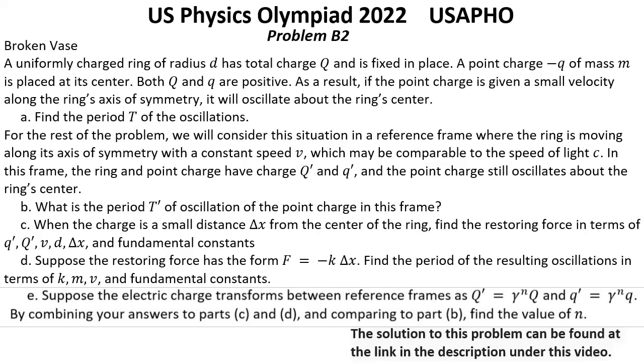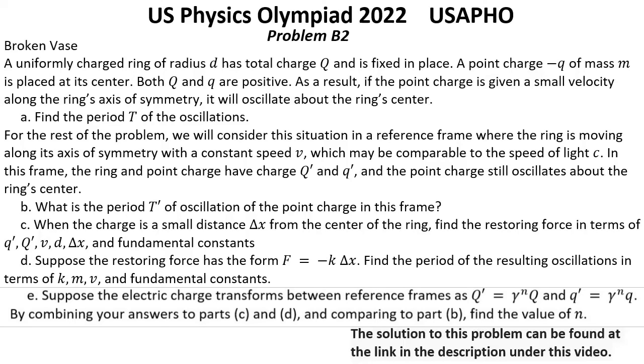Question E. Suppose the electric charge transforms between reference frames as big Q prime equals gamma to the power n big Q and small q prime equals gamma to the power n small q.